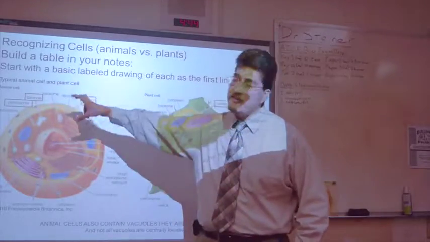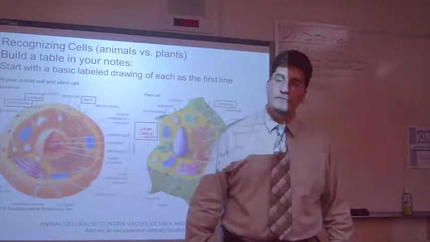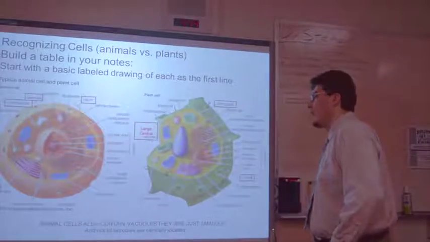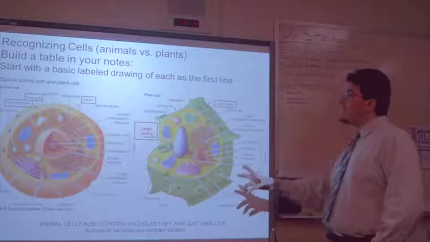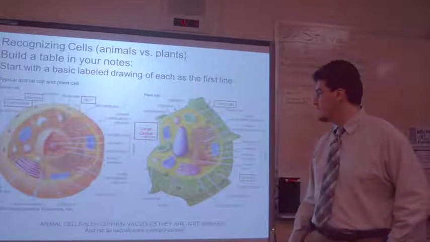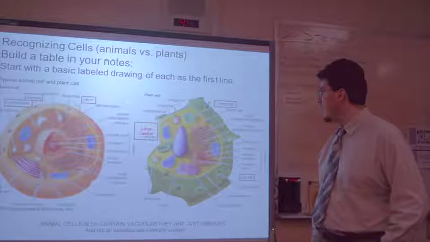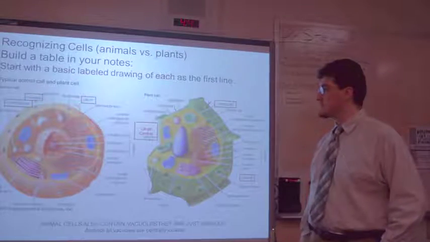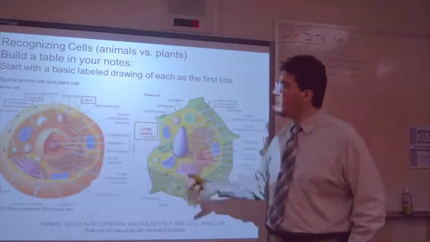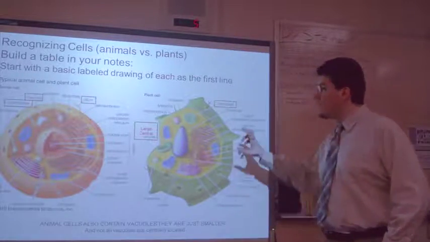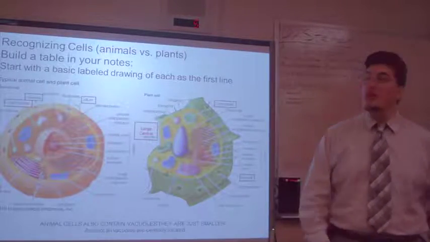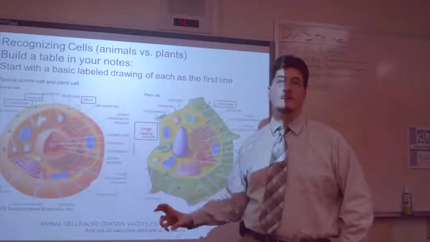Sometimes they may have cilia or flagella. And a plant cell will have a large central vacuole and chloroplasts. It will also have on the outside a cell wall, a rigid outer structure. Those are the observable features.